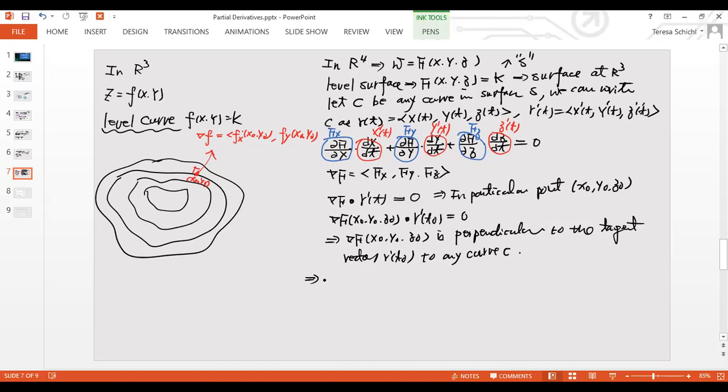So this will be F_x(x0, y0, z0)(x minus x0) plus F_y(x0, y0, z0)(y minus y0) plus F_z(x0, y0, z0)(z minus z0) equal to 0. This is the tangent plane, right?